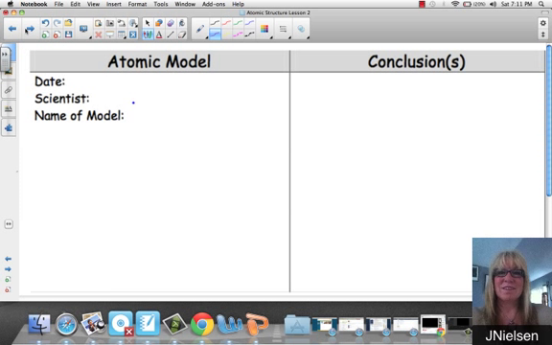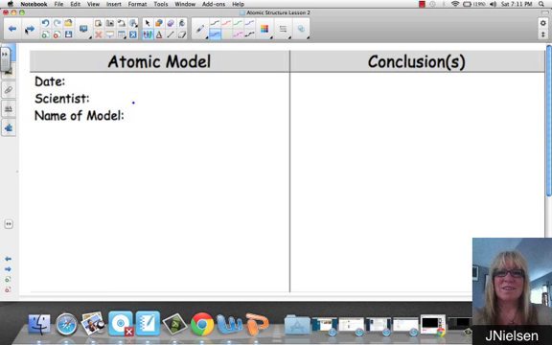Sometimes they'll specifically ask about a particular experiment. They love to compare J.J. Thompson and Ernest Rutherford. They often refer to Niels Bohr's model as the planetary model. So we're going to go through some of these now.